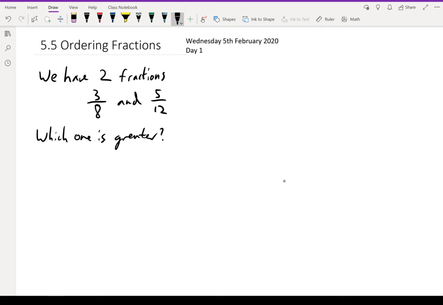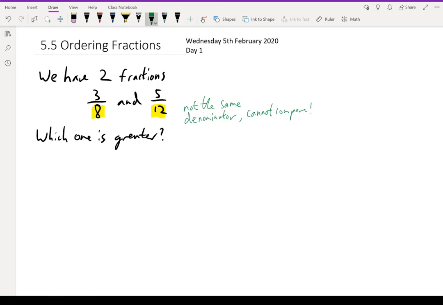And of course, we know that the two denominators are not the same, and so we cannot compare. So how do we go about comparing these two fractions?